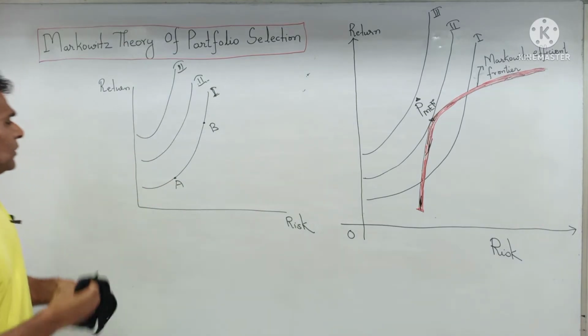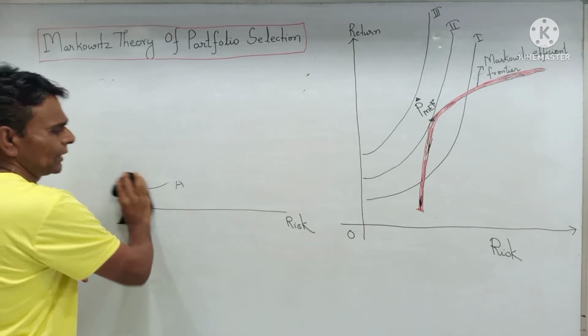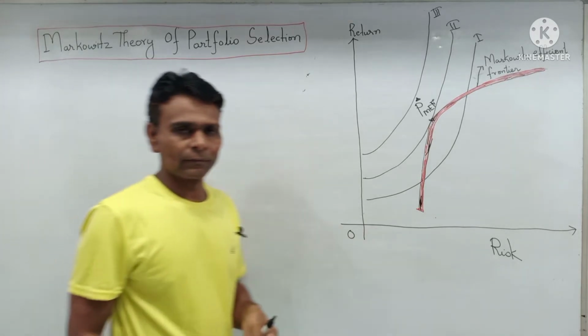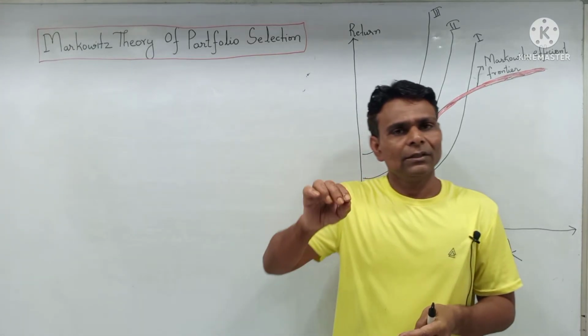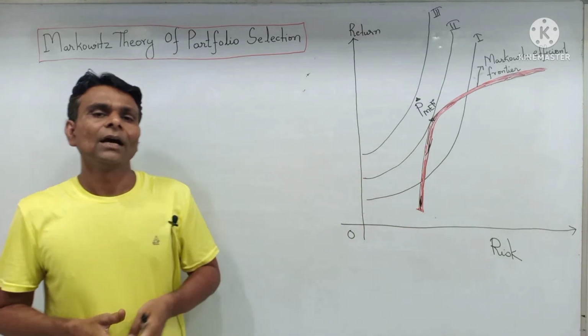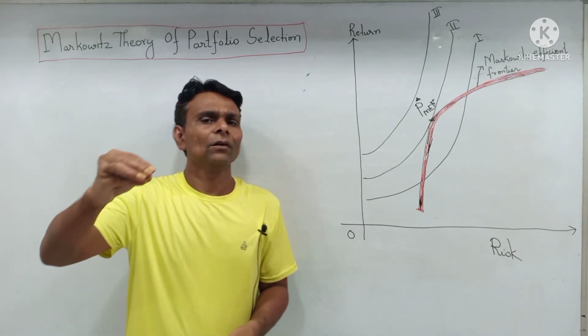Now, given the same level of risk, different portfolios will have different expected returns, and the investor will choose that portfolio which gives the highest expected return for a given level of risk.